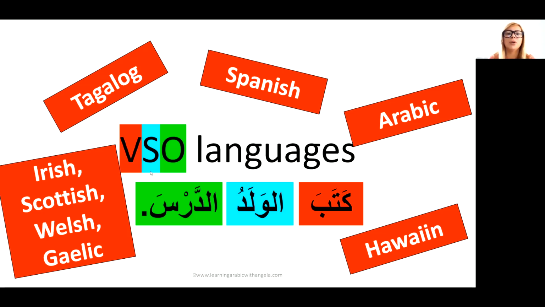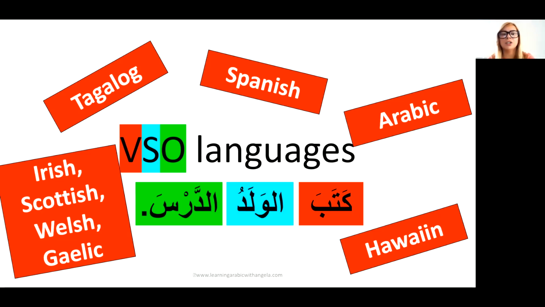So Arabic is what we call a VSO language. So some languages have this type of word order or structure where sentences can start with a verb followed by the subject or the thing or person that did the verb, and followed by the object which received the verb.